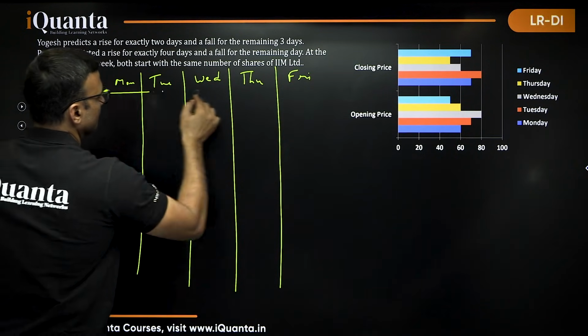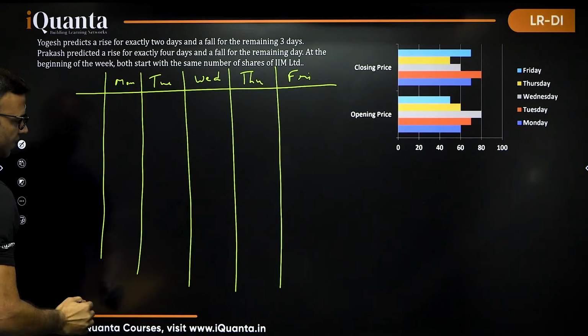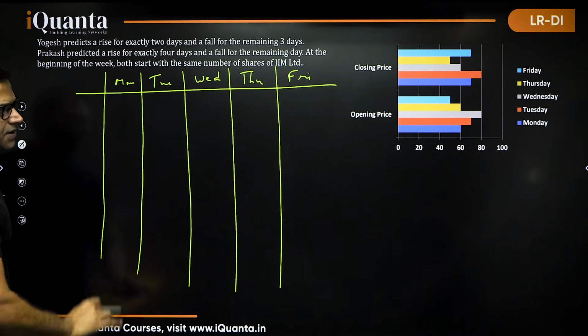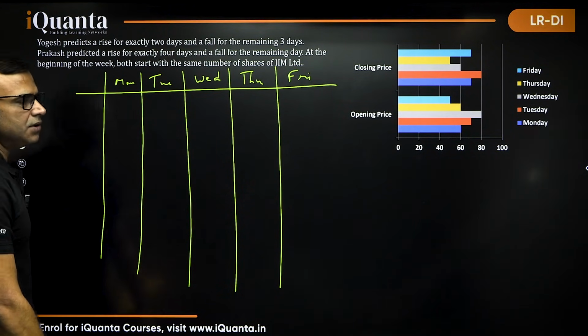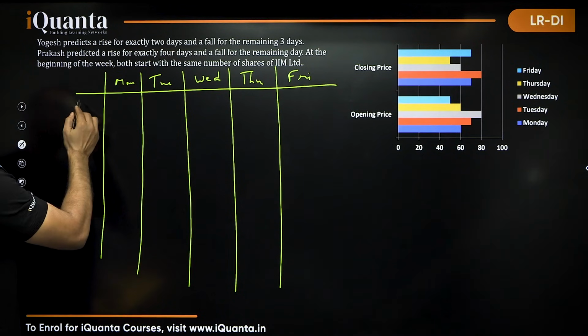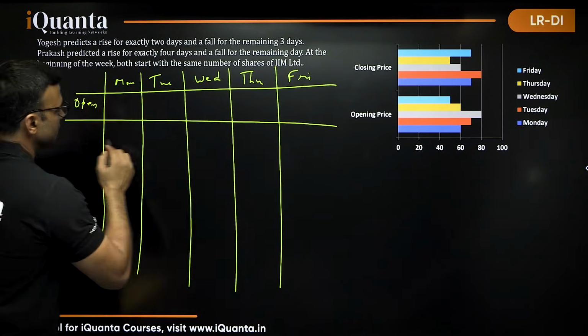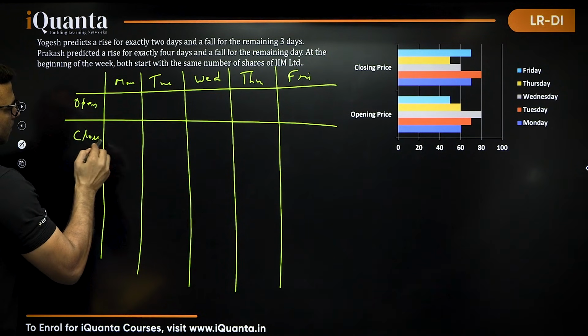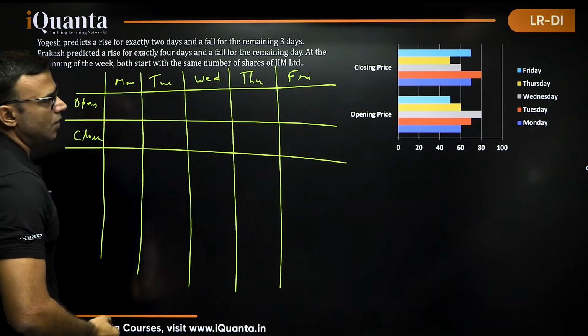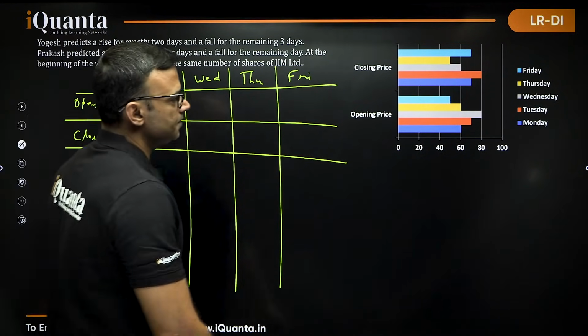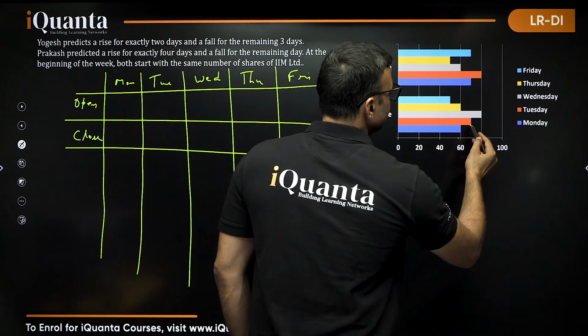Fine. We could have done it directly from the graph also, but the table gives a simpler view. Okay, so open price, close price. Let me write that first. On Monday, it is 60, then 70, then 80.